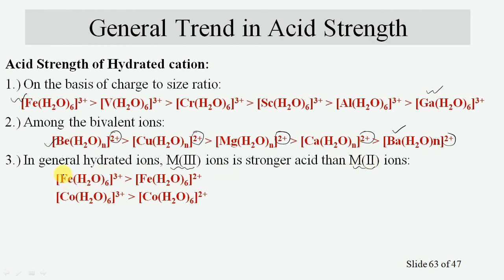So there are 2 iron complexes, the first with 3+ charge and the second with +2 charge. The first one is more acidic. Similarly, cobalt with +3 charge is more acidic in comparison to the complex of cobalt with +2 charge.